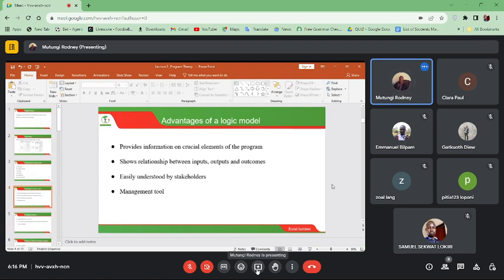But also, a well-crafted logic model, like the one that I showed you earlier, will be easily understood by all the stakeholders. The stakeholders that we are looking at here could be you yourself, who is going to implement or put in place this program, and then the workers or the people around you or your team. Then we have the government officials who also have a stake, because this project or program is not going to take place in the air.